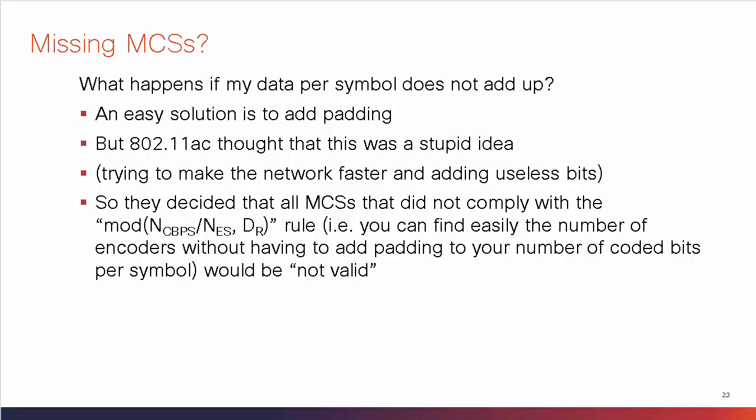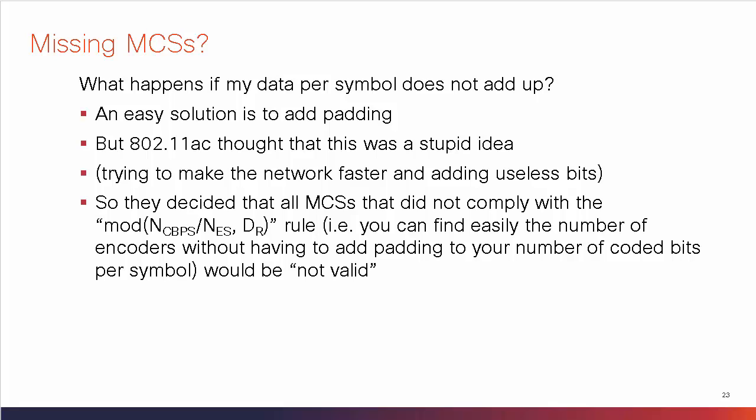We'll carve the protocol so that it goes to 3 or it goes to 4. We add the bits that we need so that the last encoder will be fully busy like the others. But you understand that this is a stupid idea. They designed a protocol that was aiming at being more efficient, and the last thing we want to do is to add useless bits to a transmission just to fit an encoding or decoding requirement. So that idea went away.